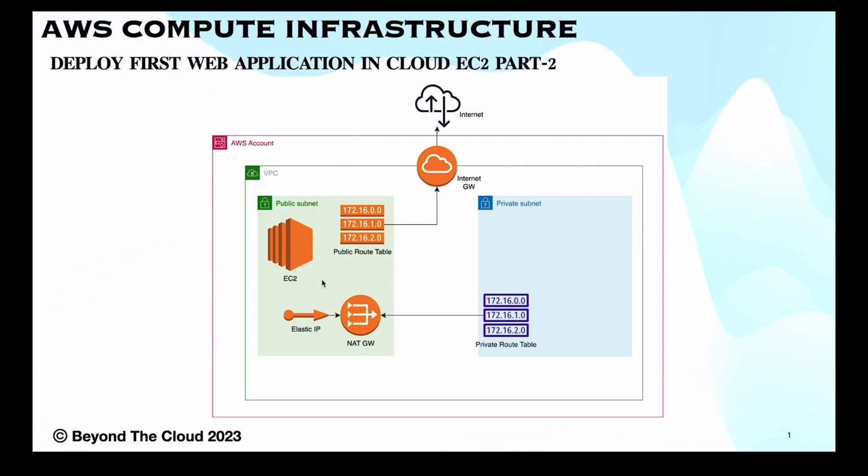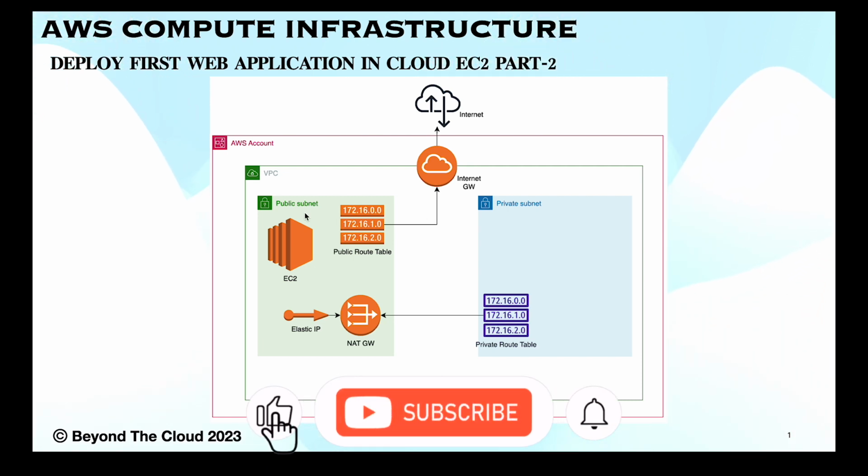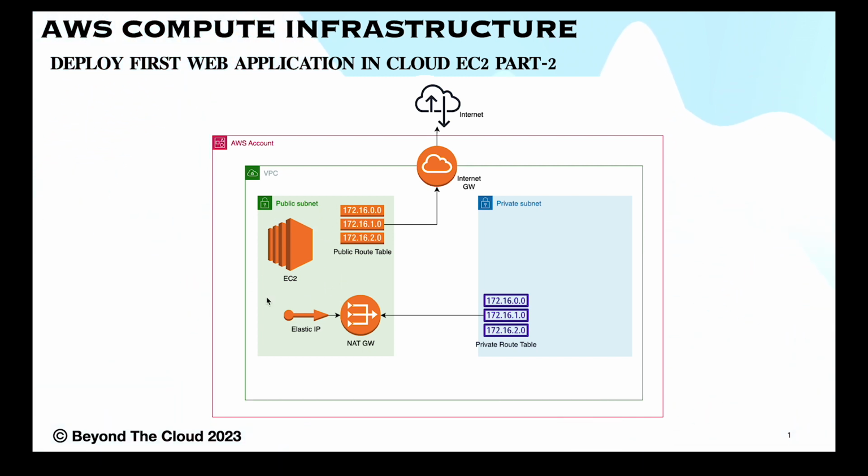To keep it easy, I have placed the EC2 instance in the public subnet, but in a production environment, try to place the EC2 instance in the private subnet and access it with an application load balancer or any other medium if you want. But to keep it very simple, I have placed the EC2 instance in the public subnet, and we will launch the instance and access it with the SSH port.